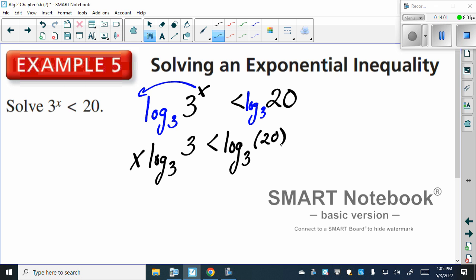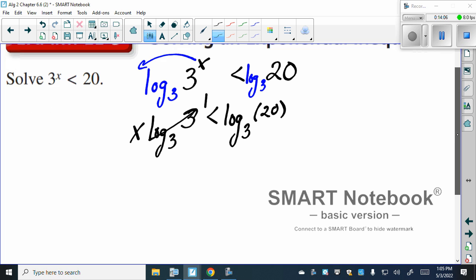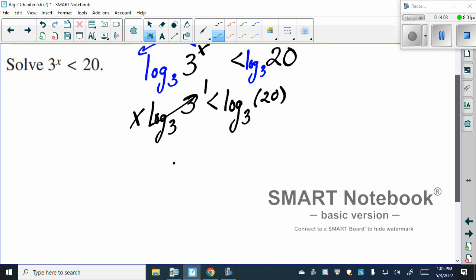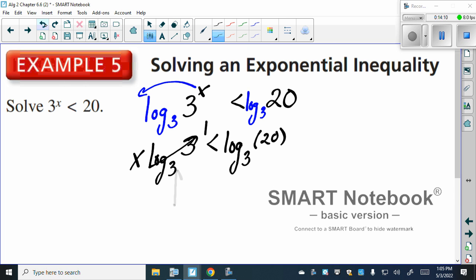And here, log base 3 of 3 simplifies to 1, telling us that x is less than log base 3 of 20.